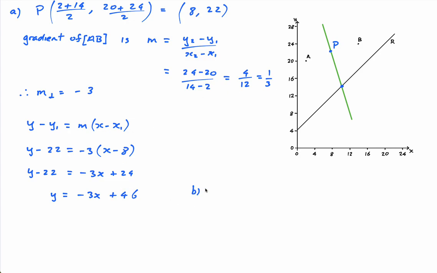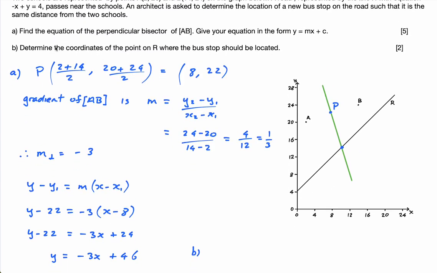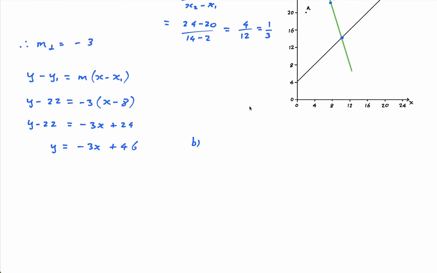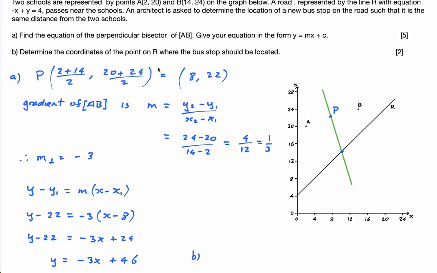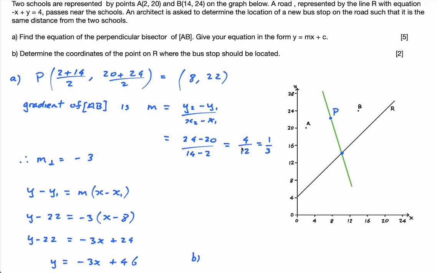Part B says determine the coordinates of the point where the bus stop should be located. So all I need to find is where these two lines intersect. The road is minus x plus y equals 4.